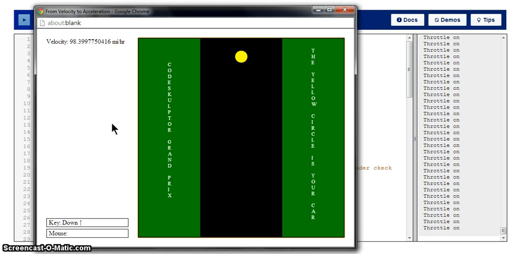Now the concept of the top speed of the car comes from the fact that friction caps the value of the velocity. So the velocity cannot increase more than a particular value for a given friction and given throttle. In this case, the velocity won't increase more than 98.999.